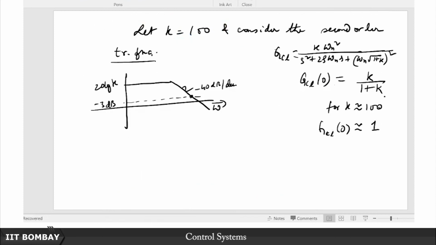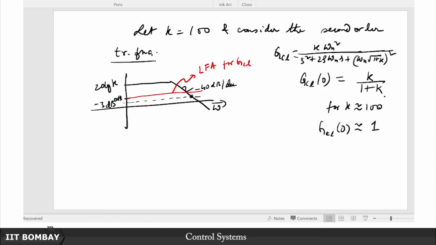But here is the crucial bit: the DC gain, which was earlier k, is now almost 0 dB, close to here. So if I now draw this, this is going to be the low frequency asymptote for GCL.